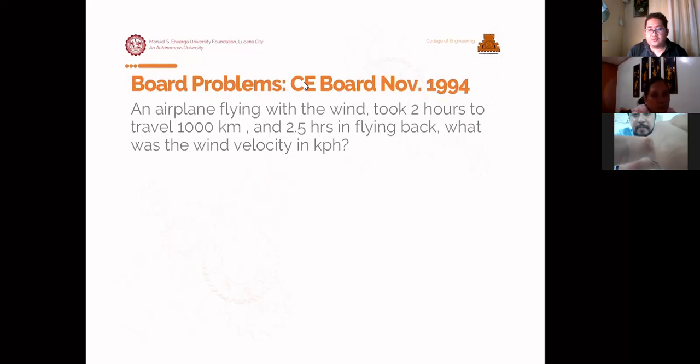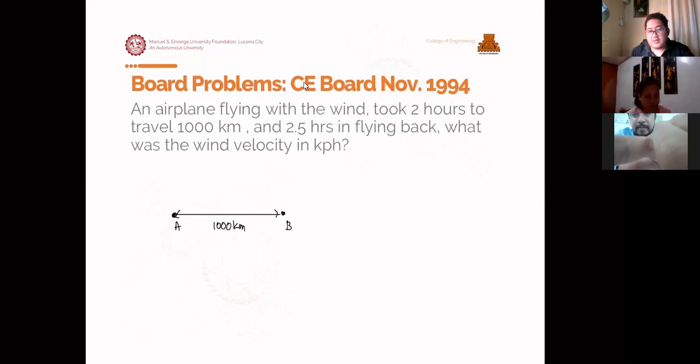If you see, we have a location, point A to point B, let's say this is what the airplane traveled. The distance is the measured or given distance of 1,000 kilometers.